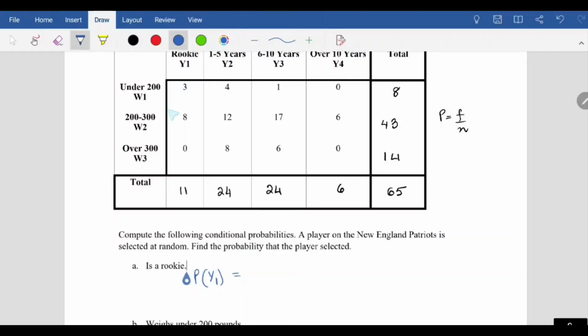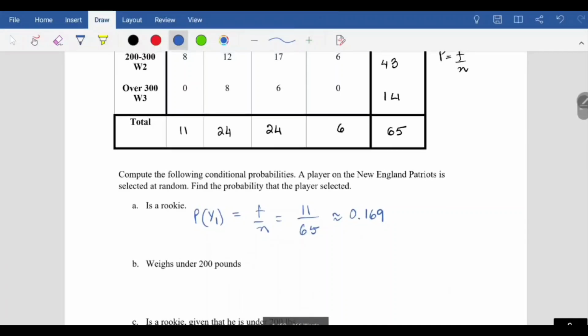It doesn't say rookie who's under 200 or a rookie who's in this weight range. It just says any rookie. So what is the probability of selecting a rookie? You have to take the total number of rookies. It's going to be F over N. So F is 11, this value here, and N is 65. So 11 divided by 65, which is going to be 0.169.